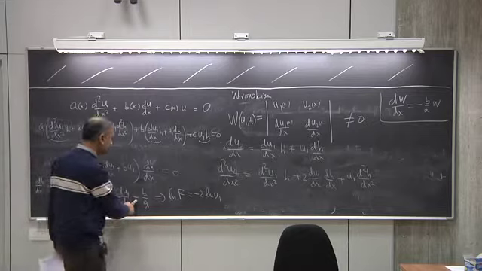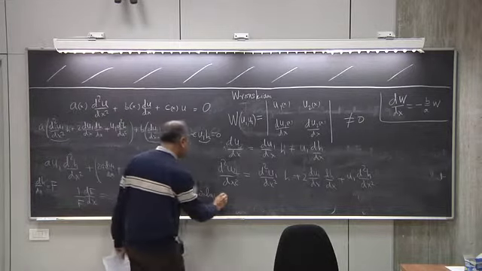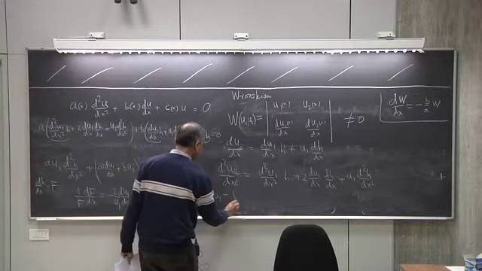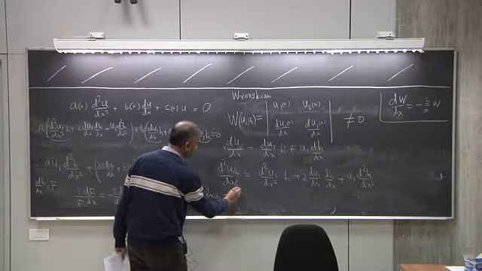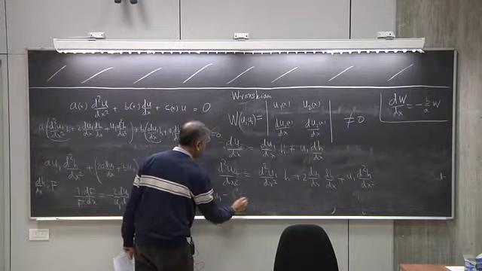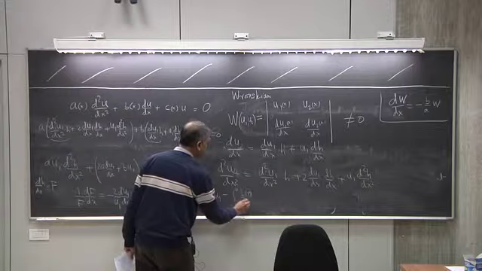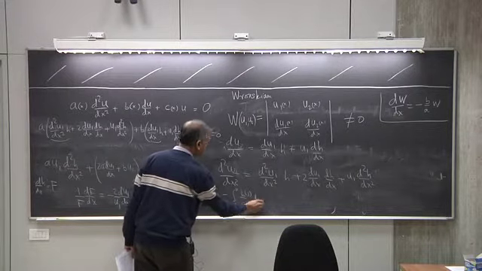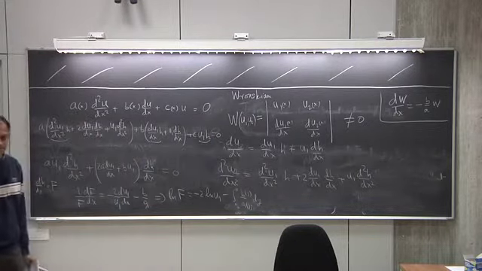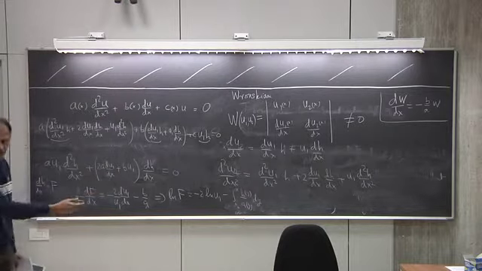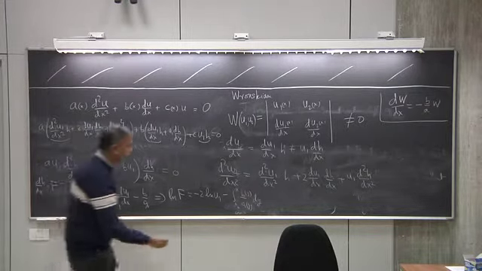And then I have the integral from some fixed point x0 up to x of minus b over a, b(y)/a(y) dy. That's up to a constant. You can of course add a constant.